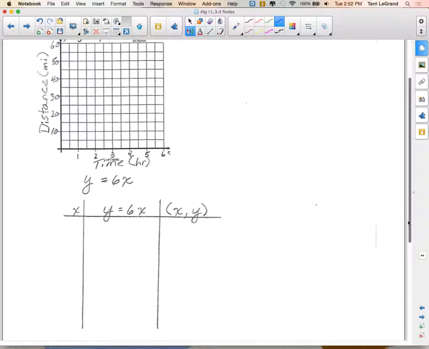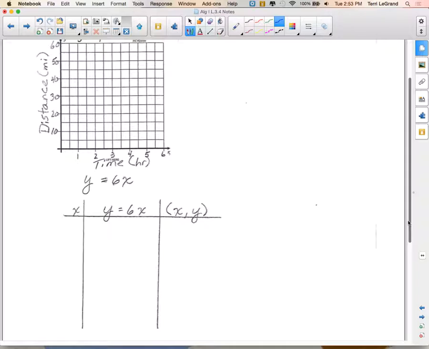Hours. What's a reasonable domain for this problem? All real numbers? Negative 100? Negative 2 billion? Negative infinity? Is that reasonable when we're talking about hours?